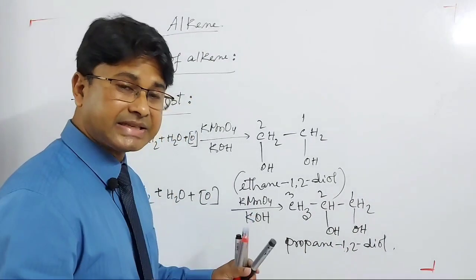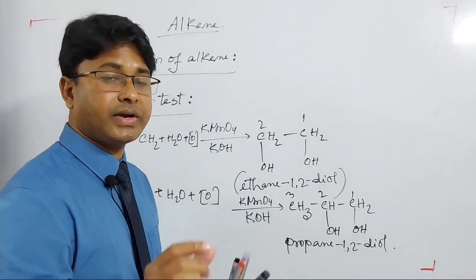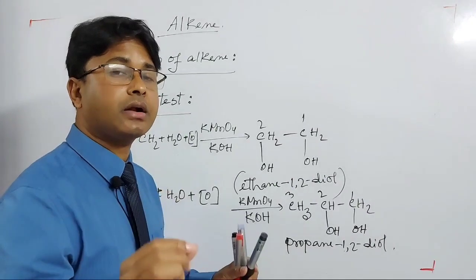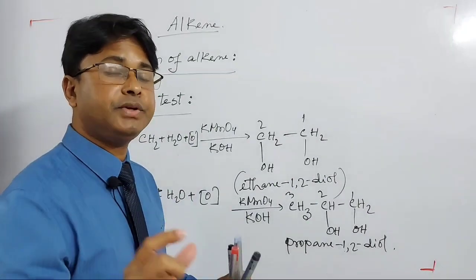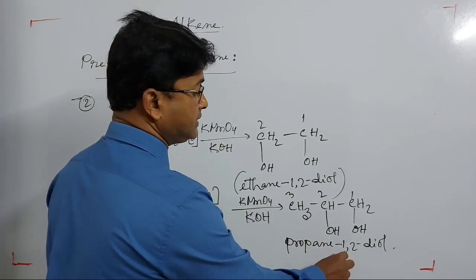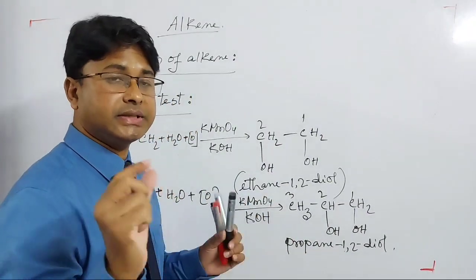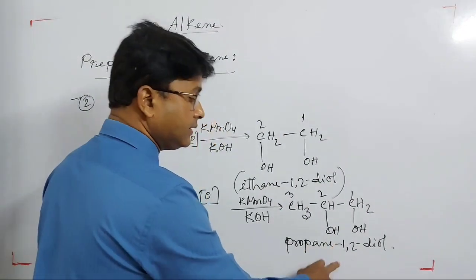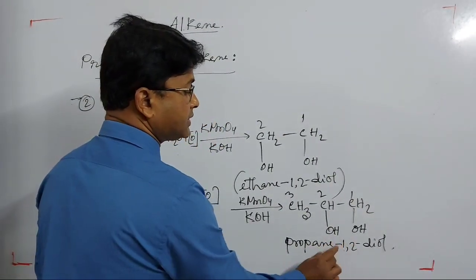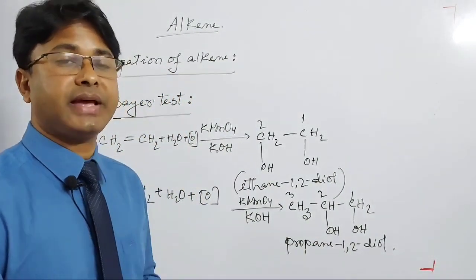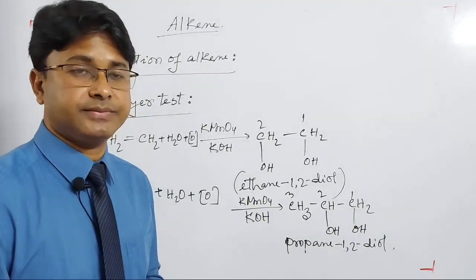But it is stated that if I write two digits side by side, there will be a comma between the two digits, and if I write any digit before any word, in that case there will be a hyphen between the digit and the word. This is actually the nomenclature method of IUPAC.